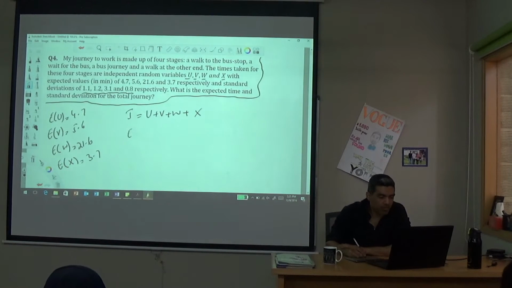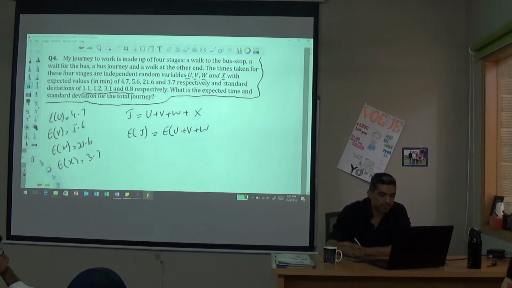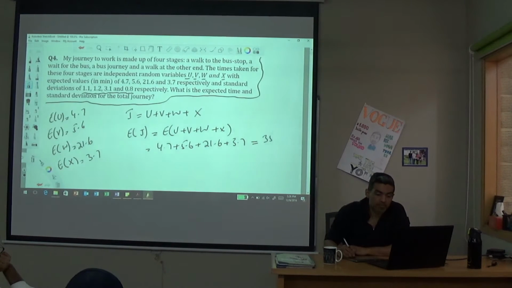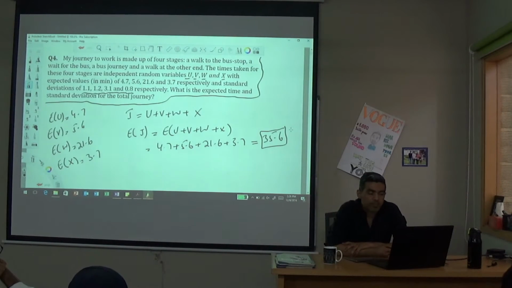So expected value of j would be expected value of u plus v plus w plus x. That will be 4.7 plus 5.6 plus 21.6 plus 3.7, which is 35.6. 35.6 minutes is the expected time for the entire journey.